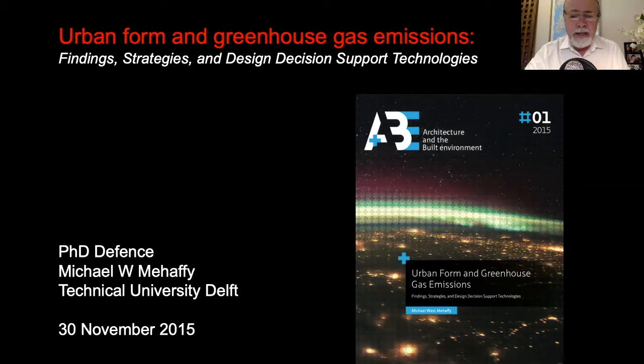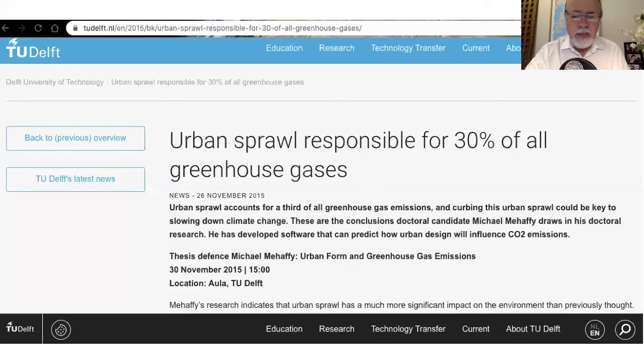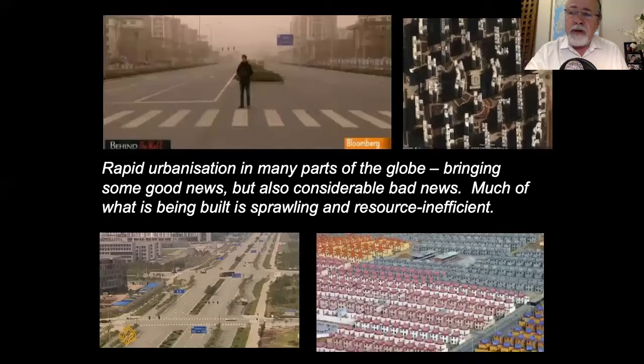Now, the headline of the research is what you see here from the Delft website. Actually, that figure was quite conservative, but it also masks the larger question, what did I mean by sprawl? And let me be clear, I was not just talking about low density. Rather, I was speaking about a specific kind of disordered urbanism, which has become the norm in our time.